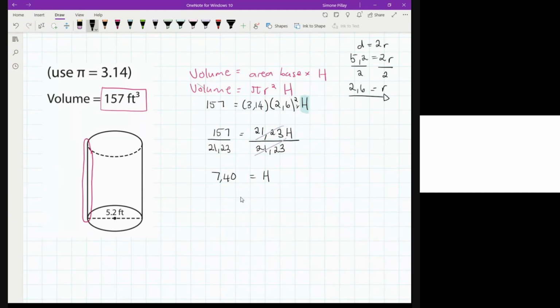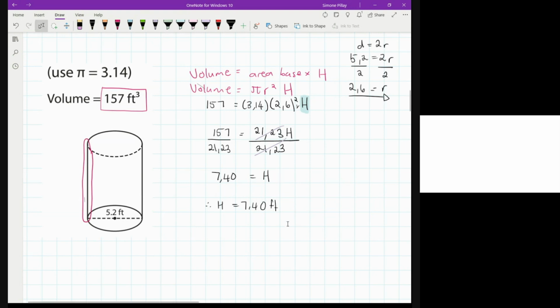Oh, and then you have to say therefore H is equal to 7,40 feet. It's not going to be cubed, remember, because we just wanted the height of this cylinder. So height is just going to be given in normal units. So it's just going to be feet. You with me there? Yes, ma'am. Thank you.